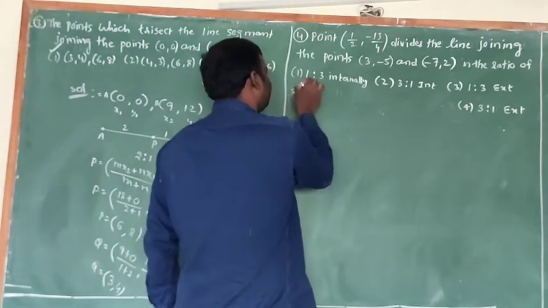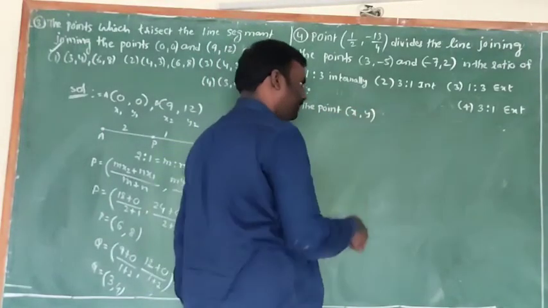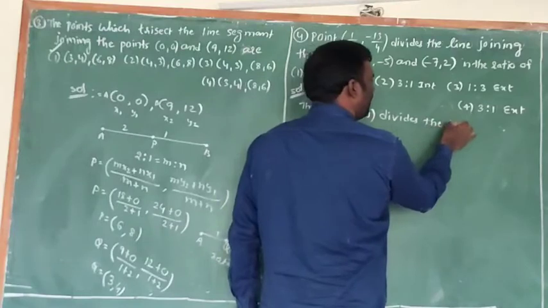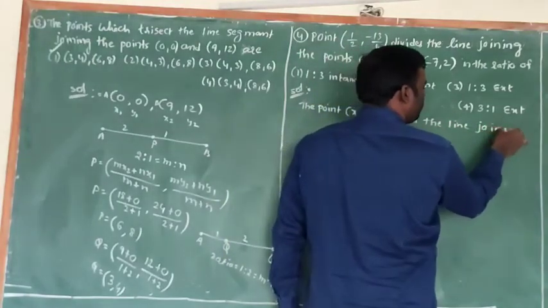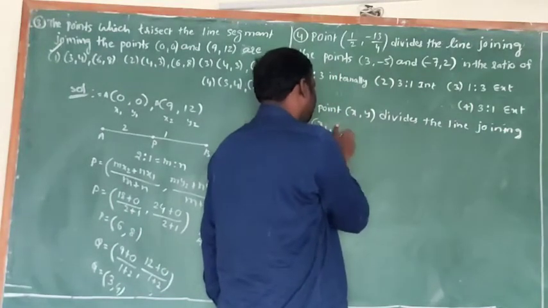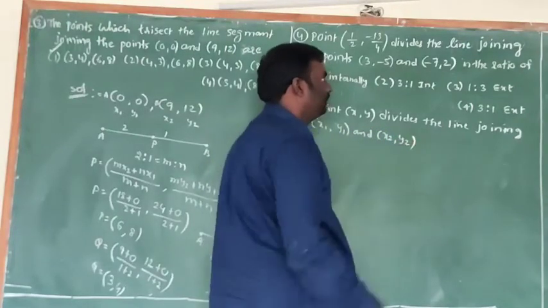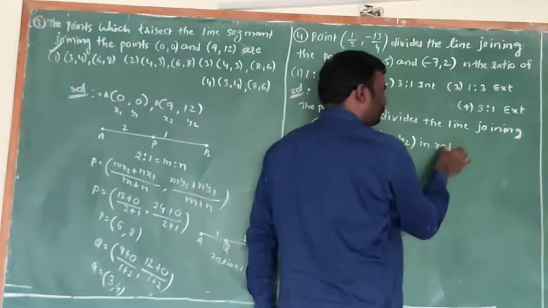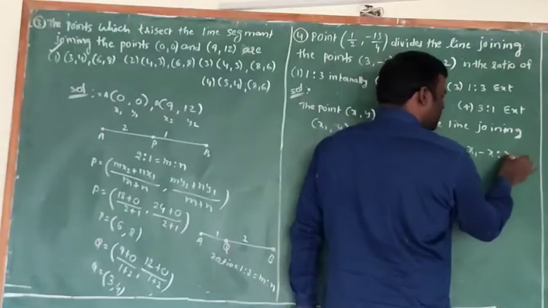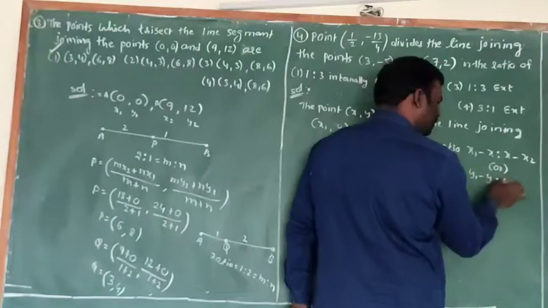The point x comma y divides the line joining 2 points x1 y1 and x2 y2 in ratio x1 minus x is to x minus x2, or y1 minus y is to y minus y2.